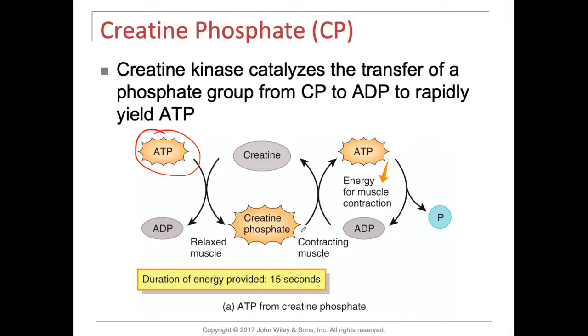Now you can have creatine phosphate joining with ADP to produce ATP, right? It's a cycle. It can be made and broken, made and broken. So creatine kinase, again, we see ASE as an enzyme. Creatine kinase catalyzes the transfer of phosphate group from creatine phosphate to ADP.